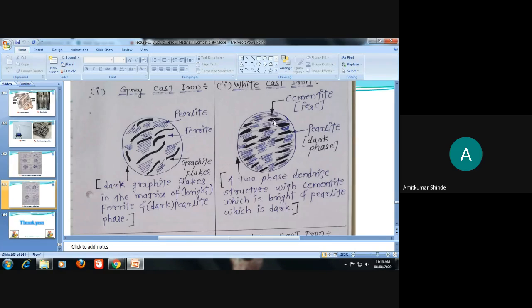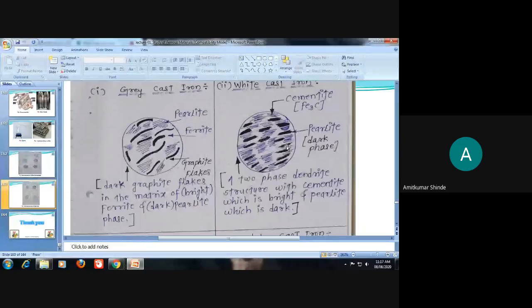Bright phase and dark phase, you will understand better when we see the microstructures in practical work. From that you will get a clear idea. For now, just try to understand the phases in gray cast iron.